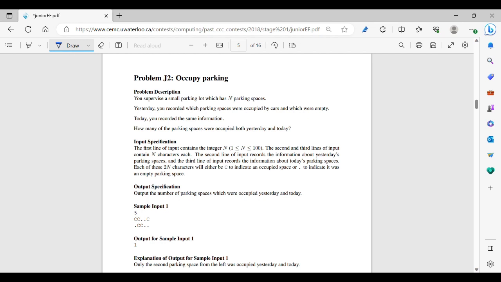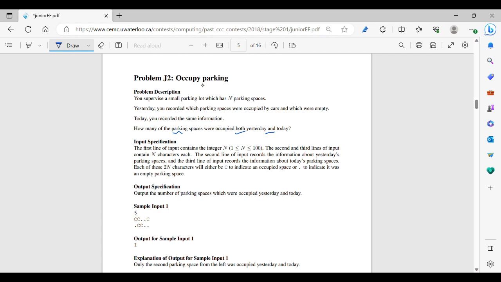Yesterday, you recorded which parking spaces were occupied and which were empty. Today, you recorded the exact same information. How many parking spaces were occupied both yesterday and today?